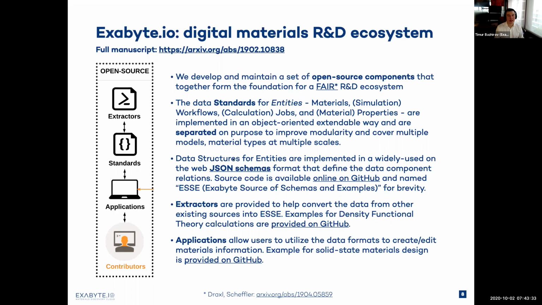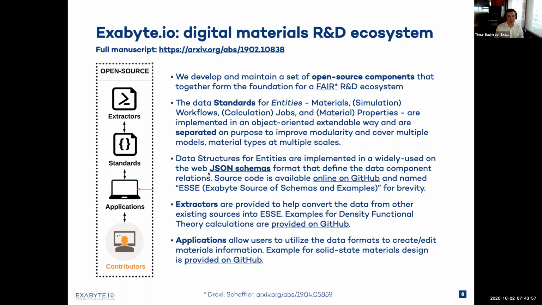And we identify the data structures that can hold information about those entities. And we define the data structures using JSON schemas as a well-established format used on the web, and make it available as part of a GitHub repository.